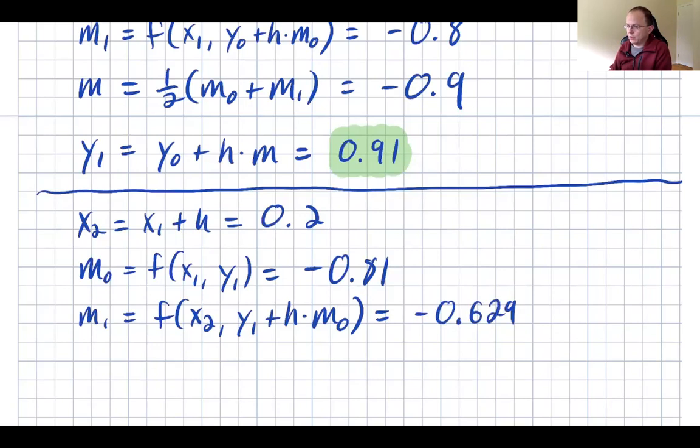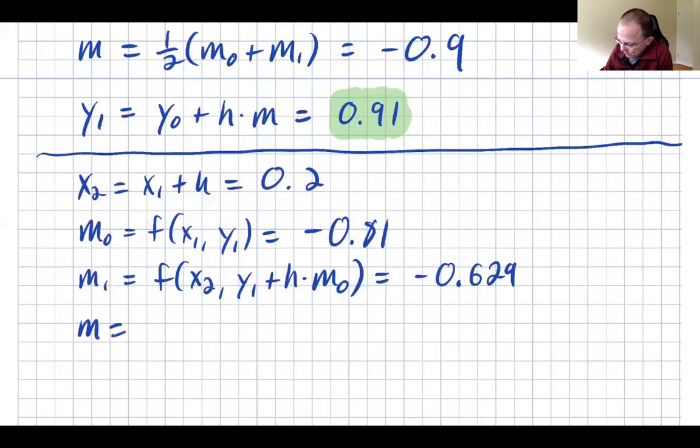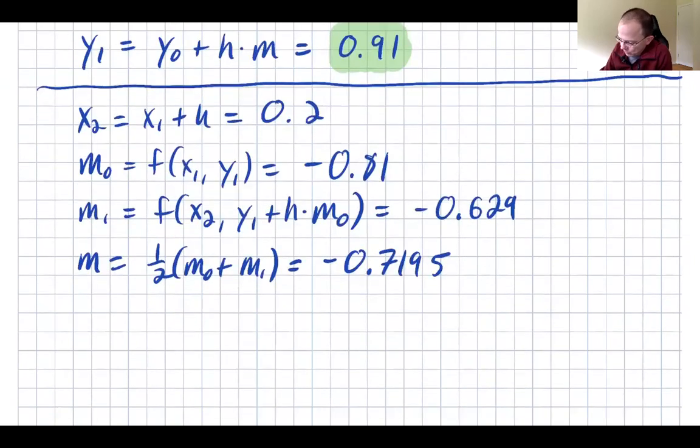Then we'll average those, and get negative 0.7195, and then we'll take our step.